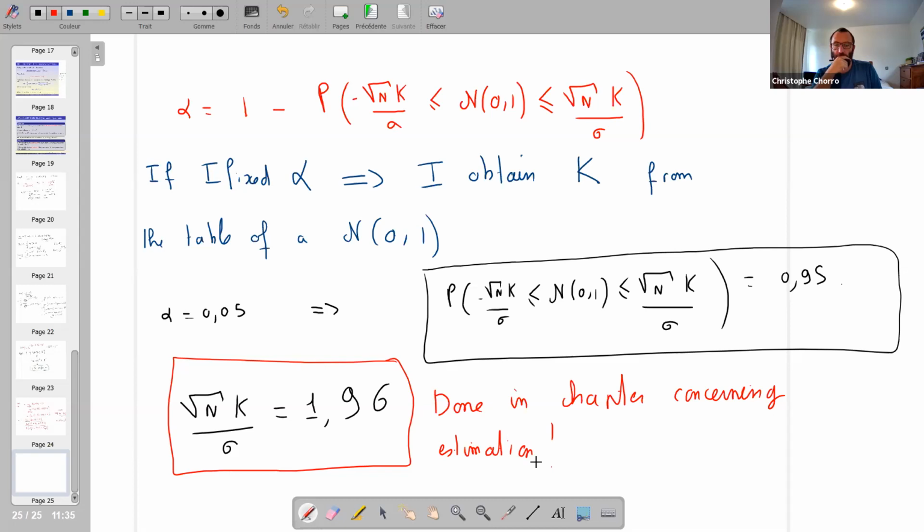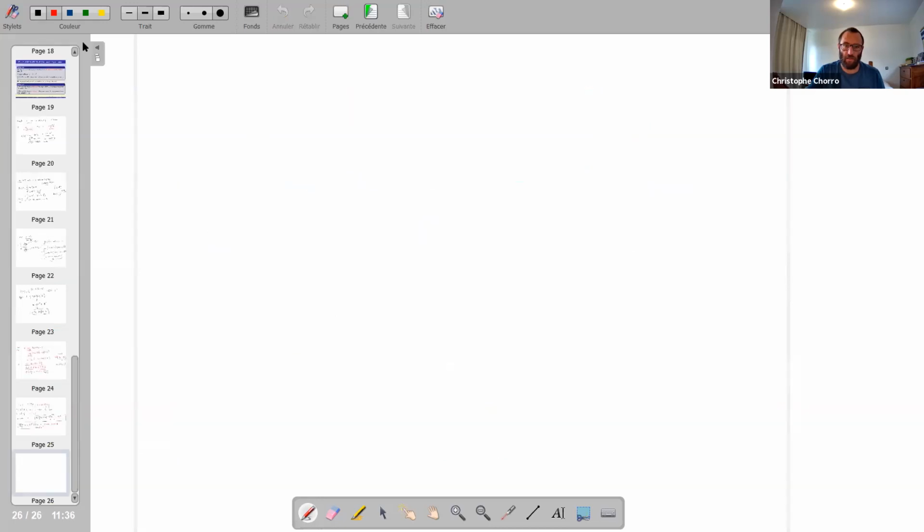So I have this, and now it's possible for me, since if I give you all the parameters of my problem, that is the number of observations and the variance, you have the possibility to find exactly the k to obtain the rejection area related to the likelihood ratio test. And if you are interested in the power function, what is the power function?